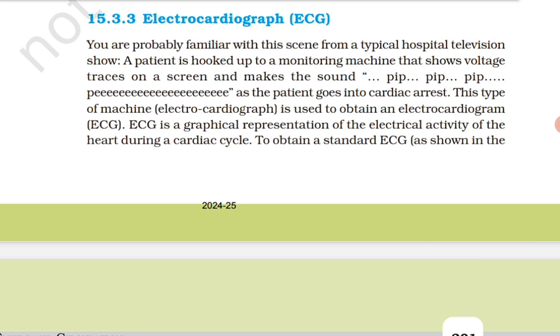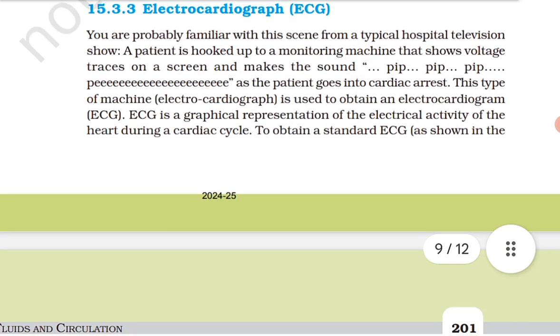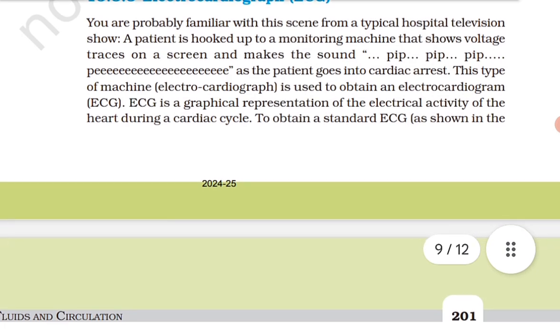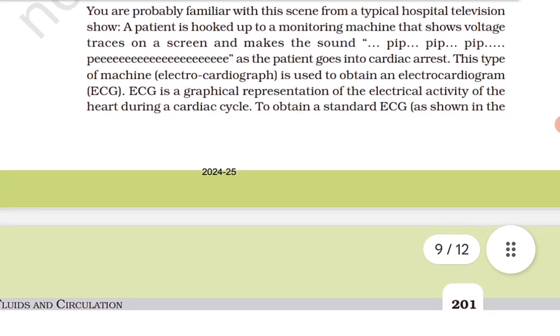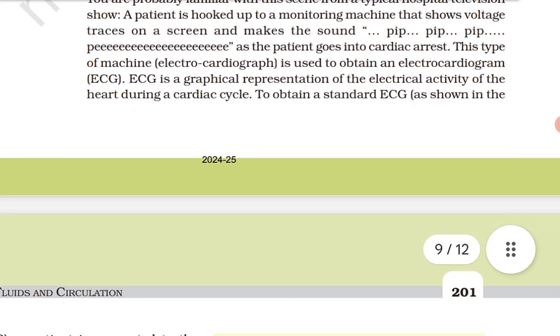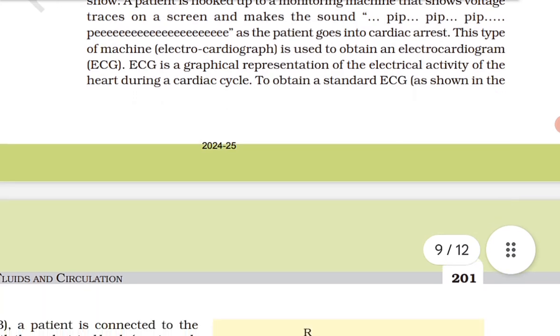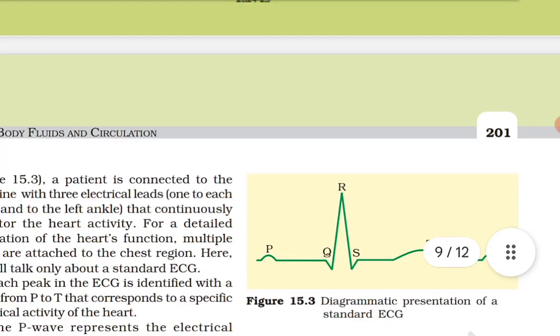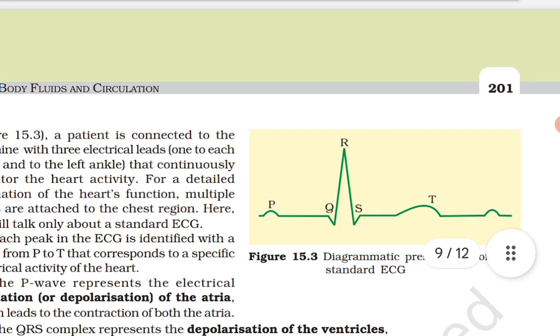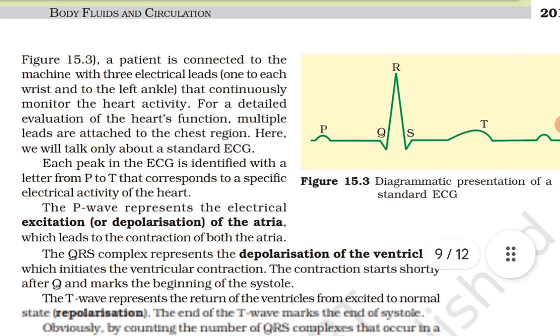Therefore, the cardiac output can be defined as the volume of blood pumped out by each ventricle per minute and averages 5000 ml or 5 liters in a healthy individual.